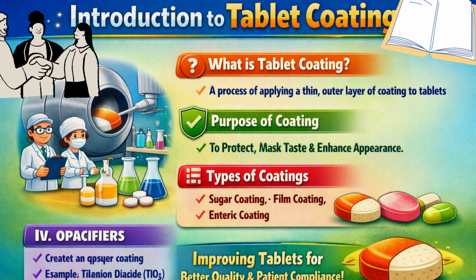We will have a look at what tablet coating is, its purpose, and primarily focus on types, which are broadly classified into sugar coating tablet, film coating tablet, then enteric coating tablet. All these are performed for the improvement of the tablets and to enhance patient compliance too.